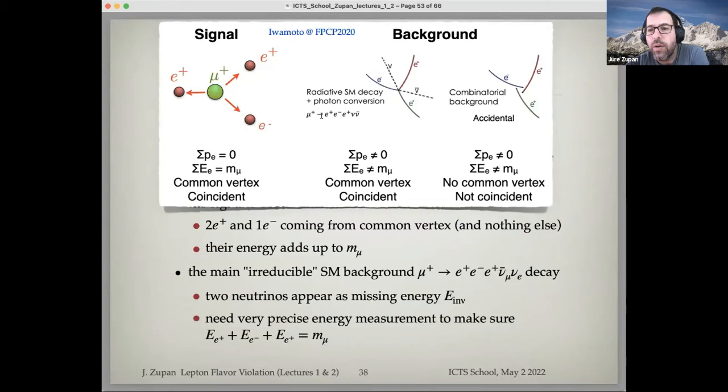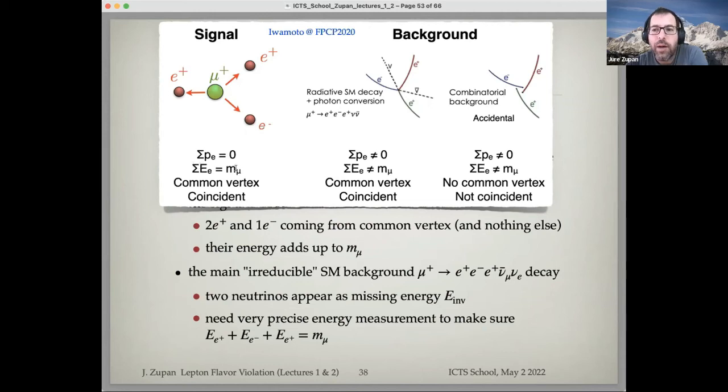If you have two W's exchanged, then you will have a pretty suppressed decay, but it's almost the same as the signal that you're searching for, except that there are two extra neutrinos, and you need to make sure that you don't have some missing energy in your detector that you're mismeasuring. So what the distinguishing features are is that there's a common vertex for all of these electrons and positrons.